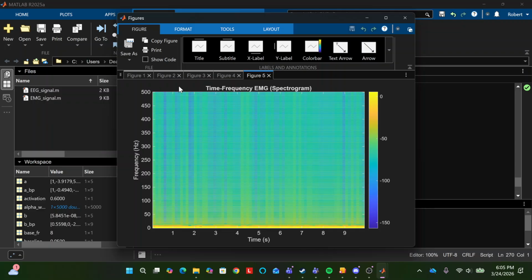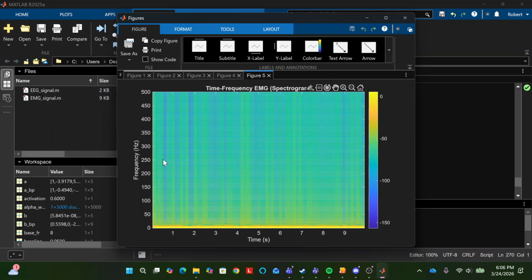We're looking at the frequency over time, and we're looking at the coloration here. The coloration is representing the time frequency activity within that muscle that we're focusing on.